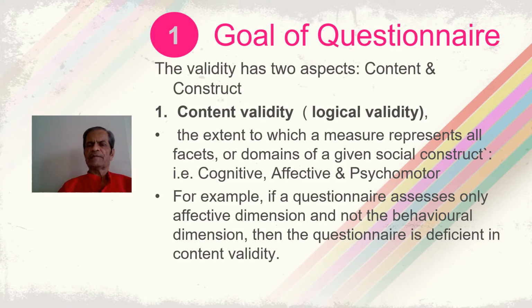Social construct is nothing but the learning process. So the questionnaire should cover all the domains of learning, that is the cognitive domain, affective domain, and psychomotor domain. For example, if the question assesses only the affective dimension and not the behavioral dimension, then the questionnaire is defective in the content validity.